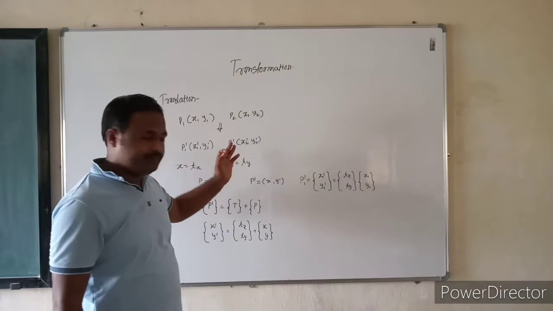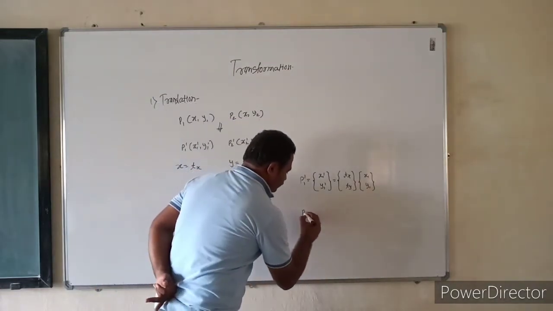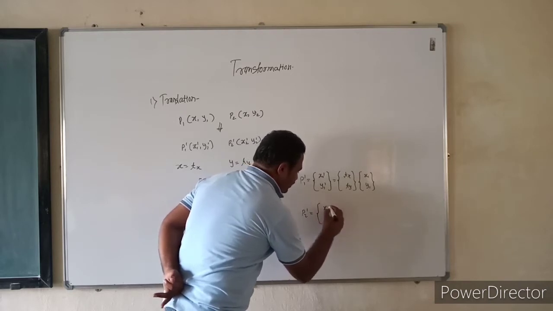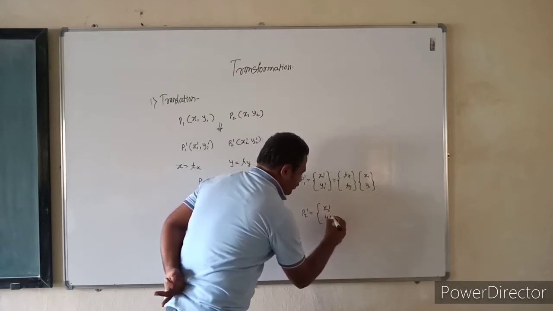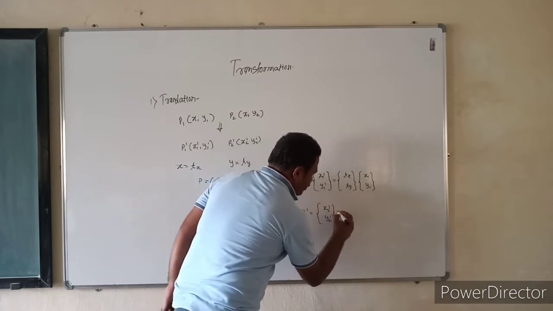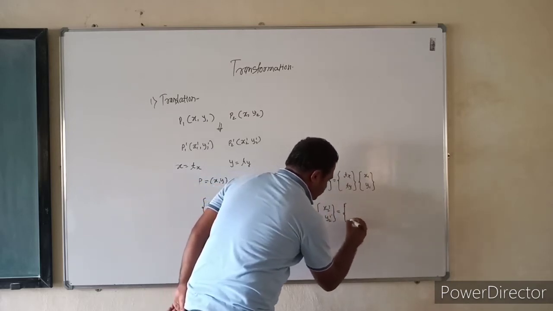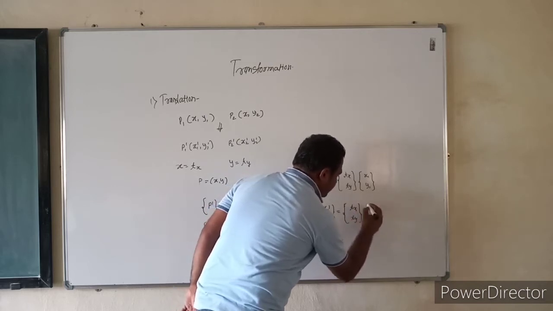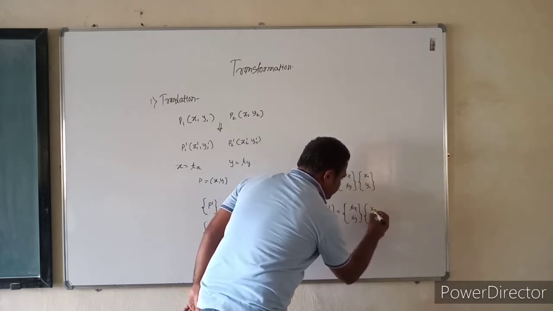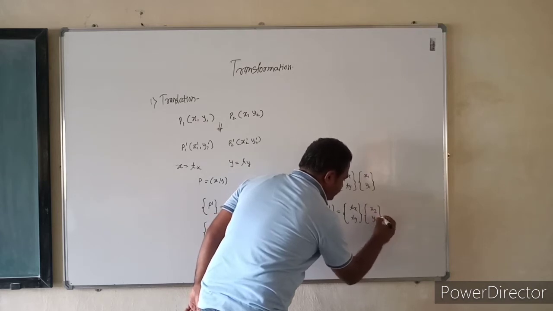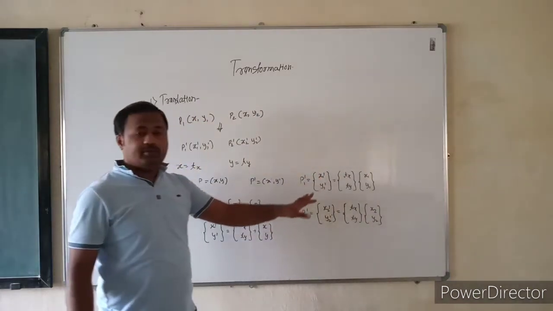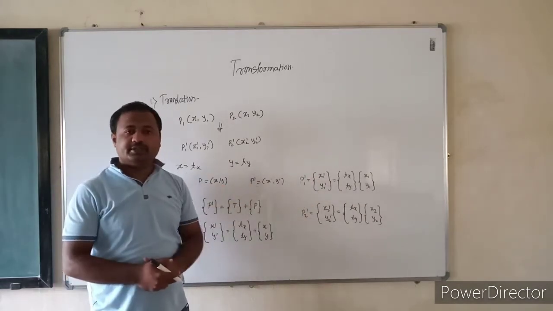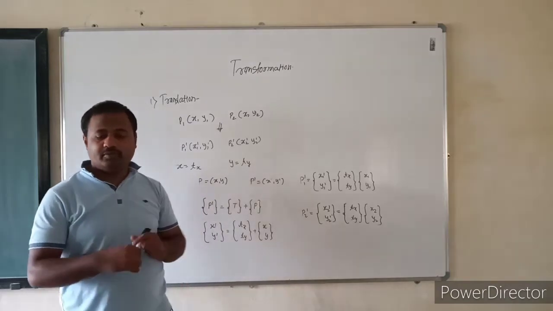Similarly for P2: x2 dash, y2 dash is equal to Tx, Ty plus x2, y2. These are the new coordinates for this line P1 dash, P2 dash.